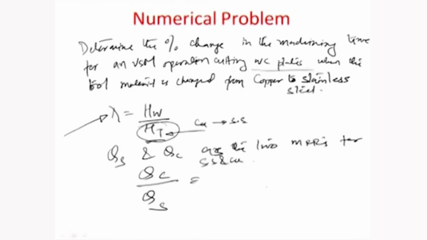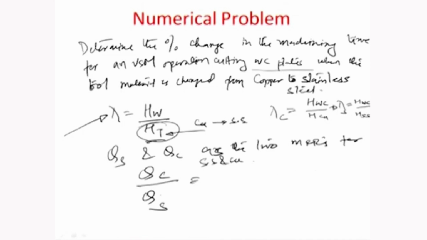Basically the lambda varies between lambda c, which is equal to H tungsten carbide by H copper, and lambda s, where lambda s is H tungsten carbide by hardness of SS, stainless steel.